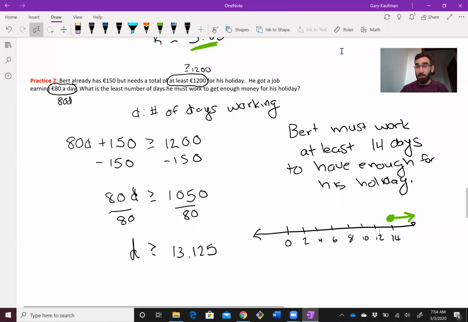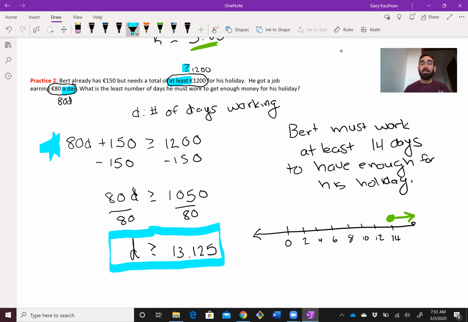So here's the answer key for practice 2. Again, we saw that word at least and think greater than or equal. A day, thinking multiplication. That resulted in this inequality. Now, notice that this was our answer based on the inequality.